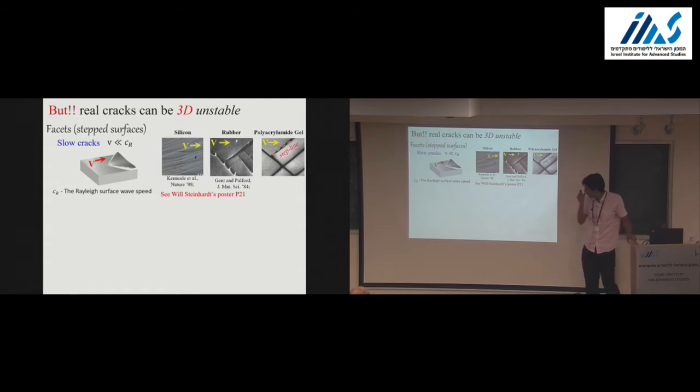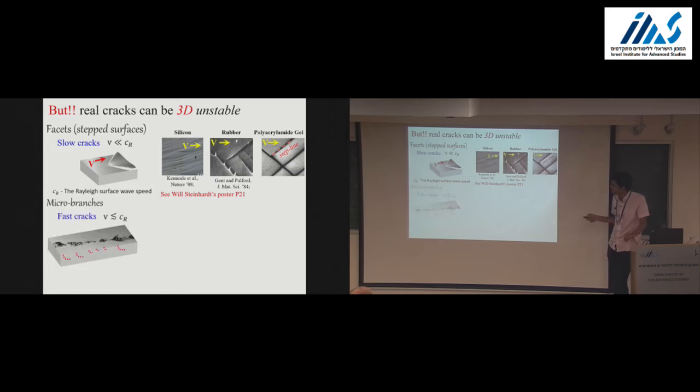of structure. One type of surface structure, which is very common in slow fracture, where the cracks are much slower than the Rayleigh wave speed, is these stepped surfaces. You see them in disparate materials, such as silicon and rubber and gels. Again, I recommend seeing Will Steiner's poster, which deals with these features.